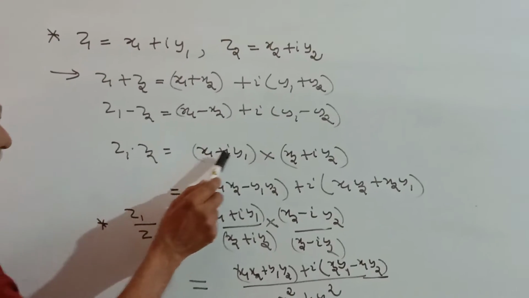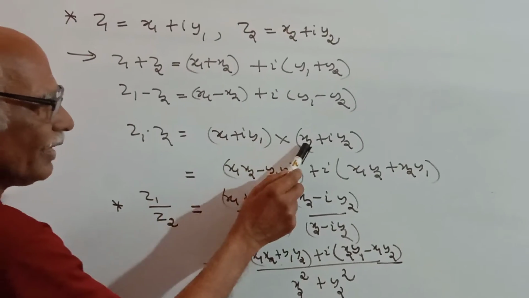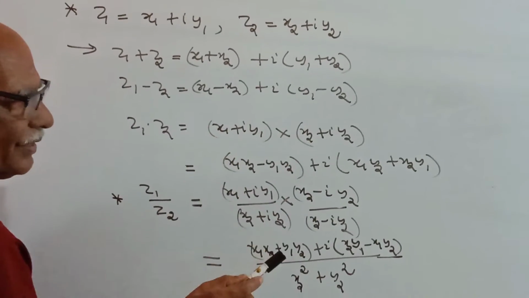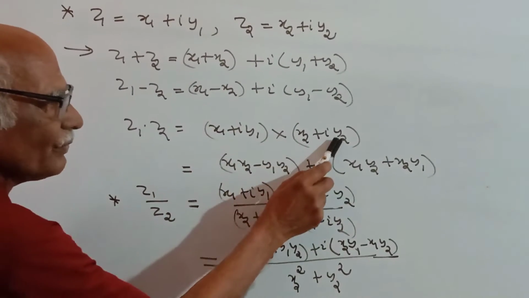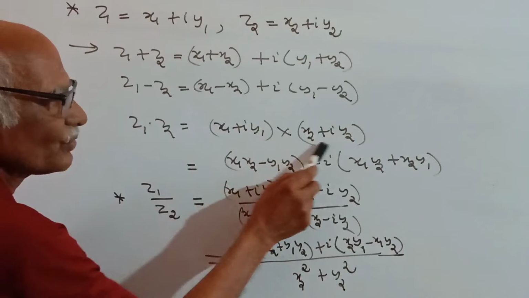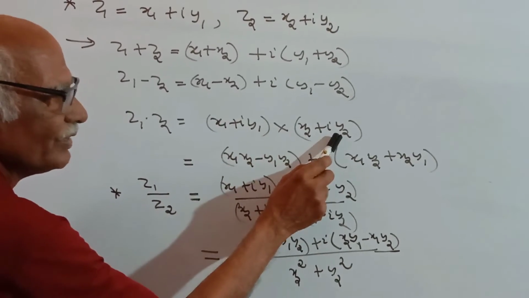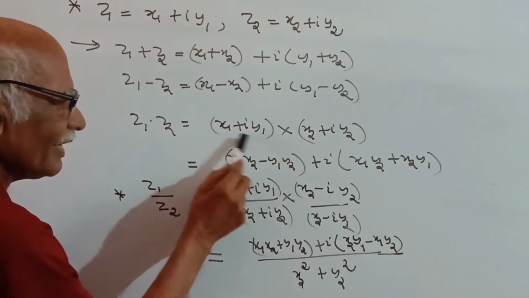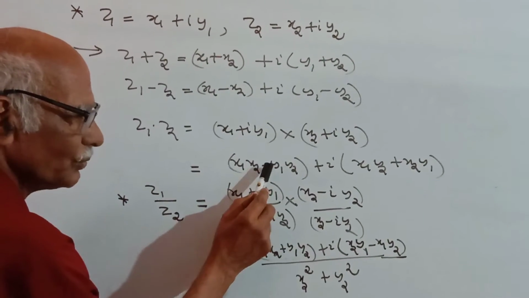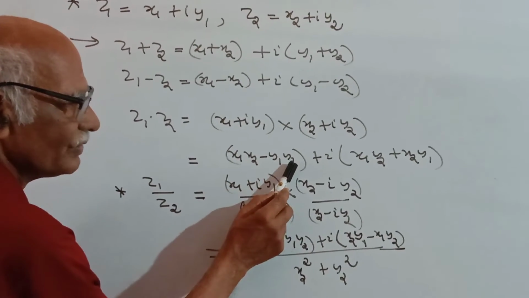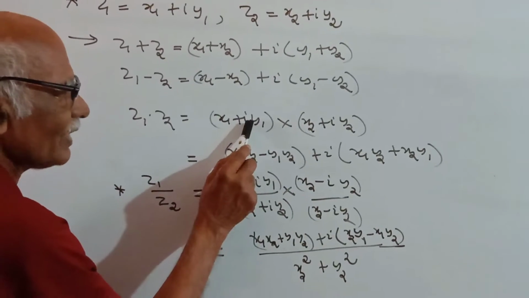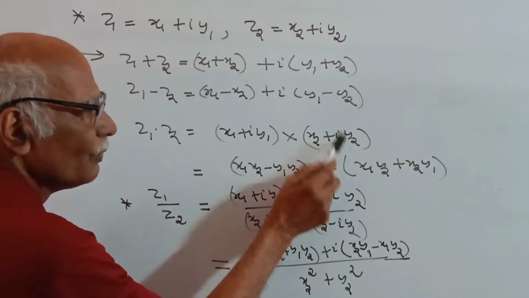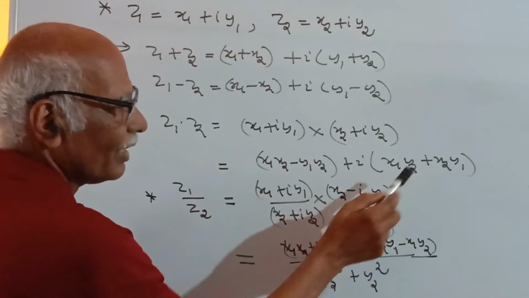You can see x1 plus iy1 into x2 plus iy2. x1, x2 is coming. iy1 into iy2 gives i squared y1, y2, which is minus y1, y2. So the real part is x1, x2 minus y1, y2. Now plus i, this will go with the imaginary part.